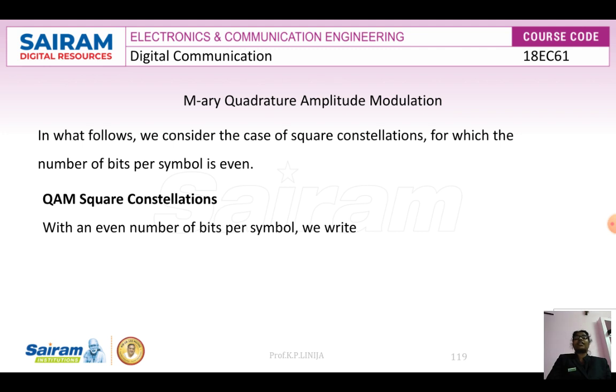We can also write this mathematically as capital L is equal to root M, and here capital L is nothing but a positive integer. In such a way, the square constellations can be constructed with an even number of bits per symbol as well as an odd number of bits per symbol.